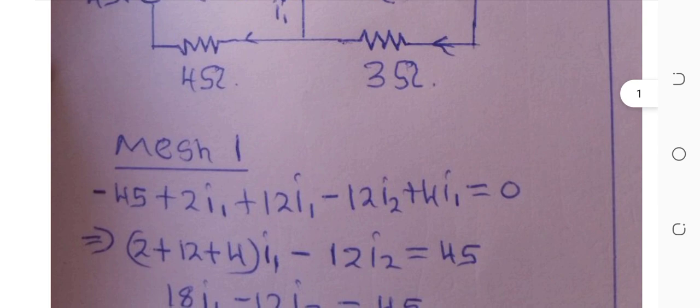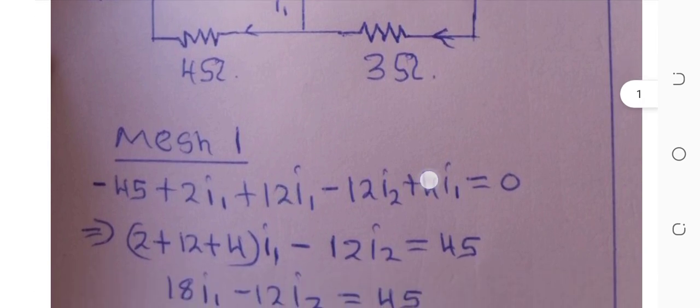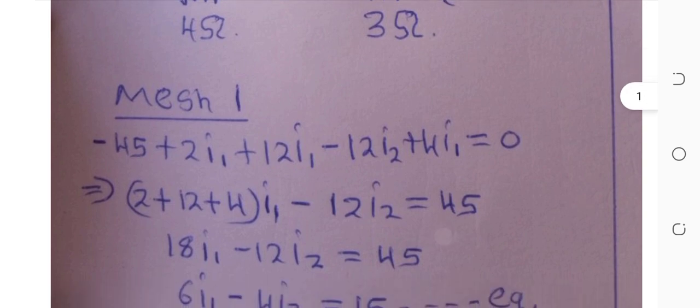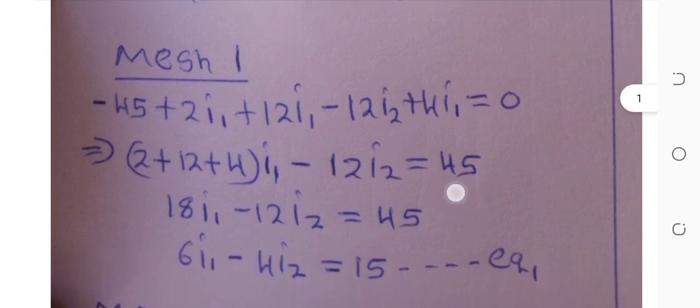So coming to sum up the like terms, we have 2 plus 12 plus 4 I1, so it's 18 I1. Then we have minus 12 I2, which equals 45.